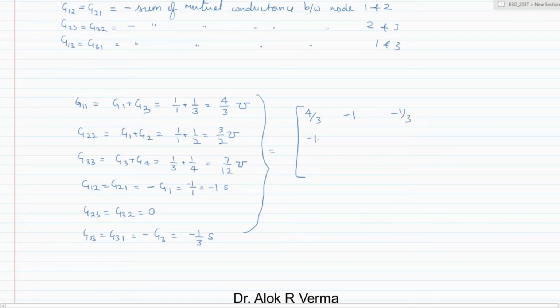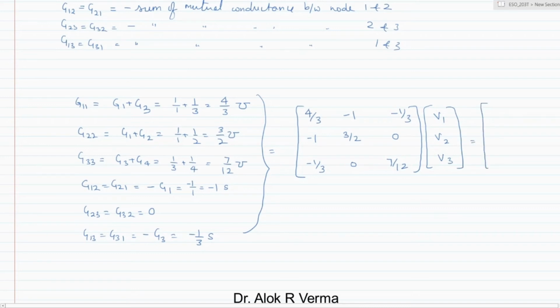G21 is minus 1, G22 is 3 by 2, and G23 is 0. Then G31 is minus 1 by 3, this is 0 and this is 7 by 12, into V1, V2, V3.